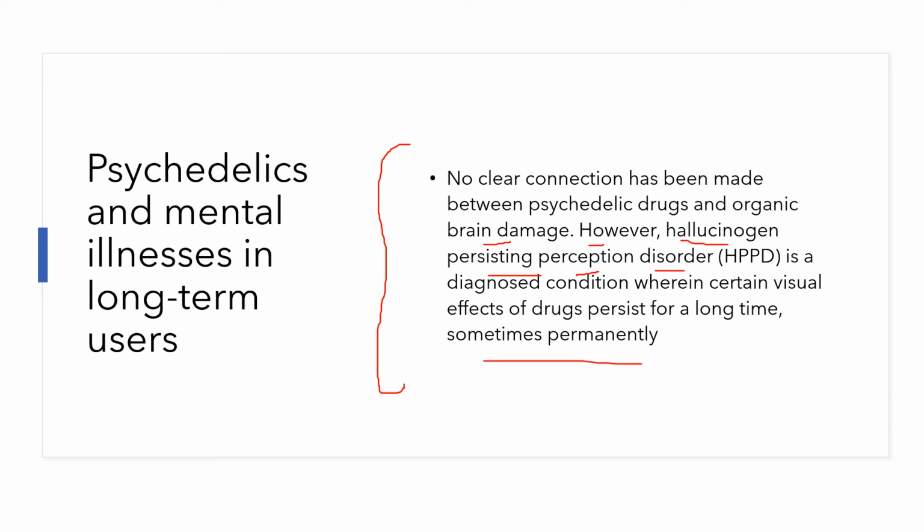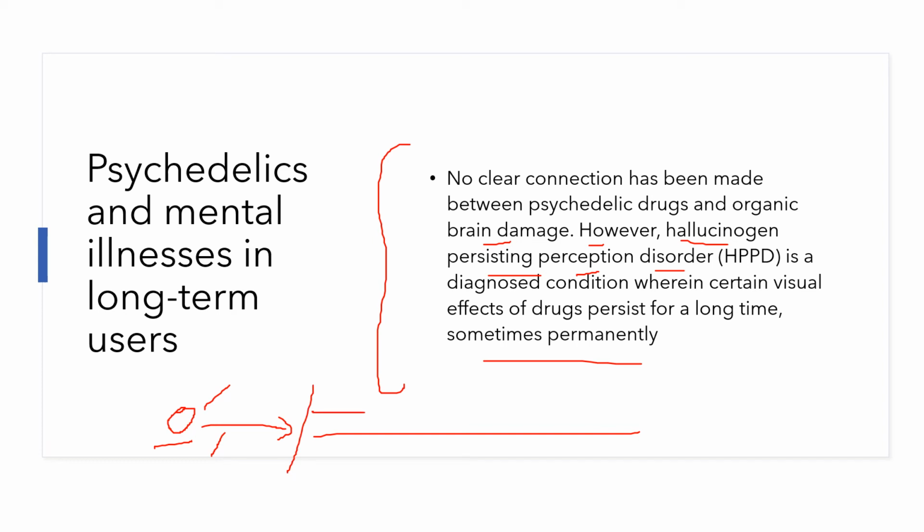So what we are saying is, if you have used a hallucinogen which produces visual hallucinations, these visual hallucinations may persist for a long time after you have stopped the drug. Normally when you have used this drug and have some visual hallucinations, when that drug is completely metabolized, the effect should stop and you shouldn't be having visual hallucinations.